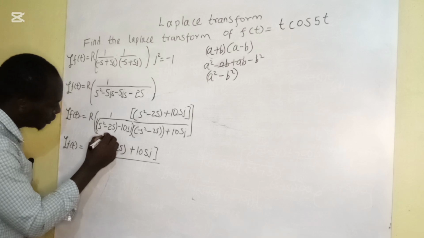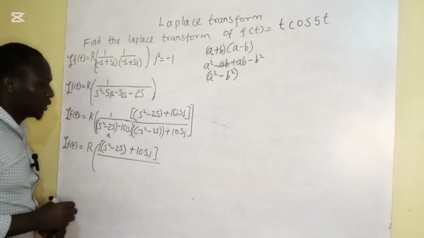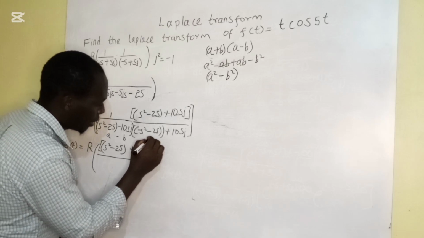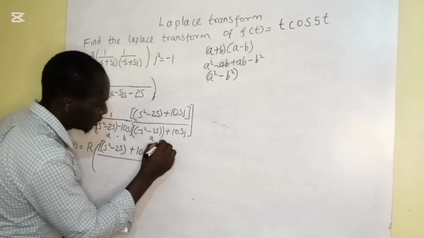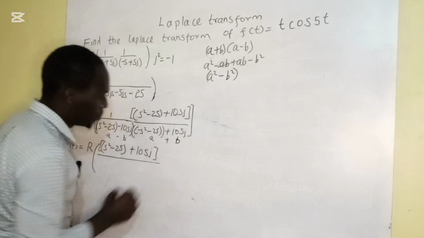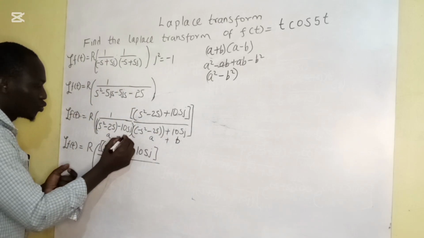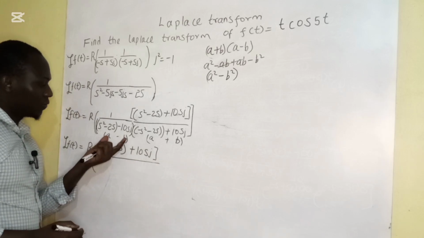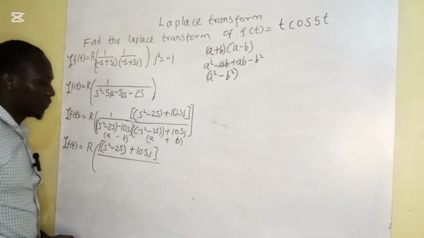We come and treat our real function here as a, the imaginary as b. Here our real functions are as a. Here we are going to have the imaginary function as b. When you check out these two brackets here, we are having a negative bracket and a positive bracket.